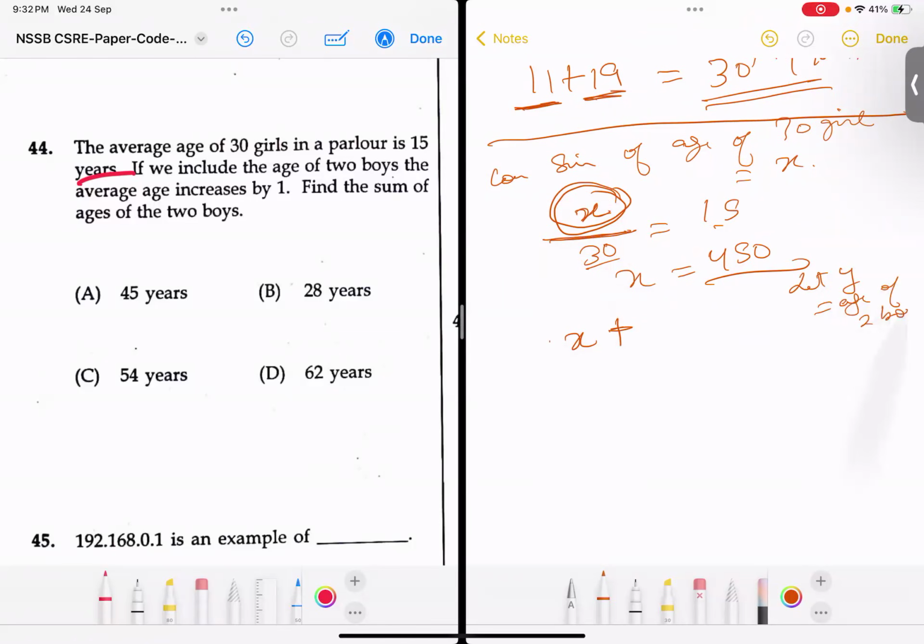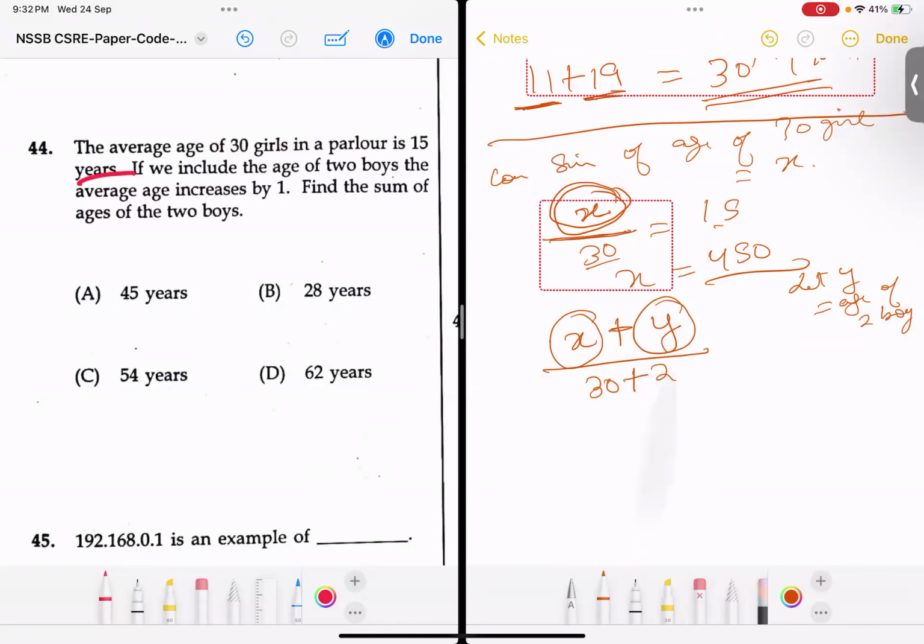Which means if we add the ages of the 2 boys, we get y. Now we are going to add y, right? So x is how many people? 30 people, right? Plus y is how many people? 2, right? And if we add 2 more boys, the average age increases by 1. So what is the average age? The average age is 15, right? So it will increase by 1, right?